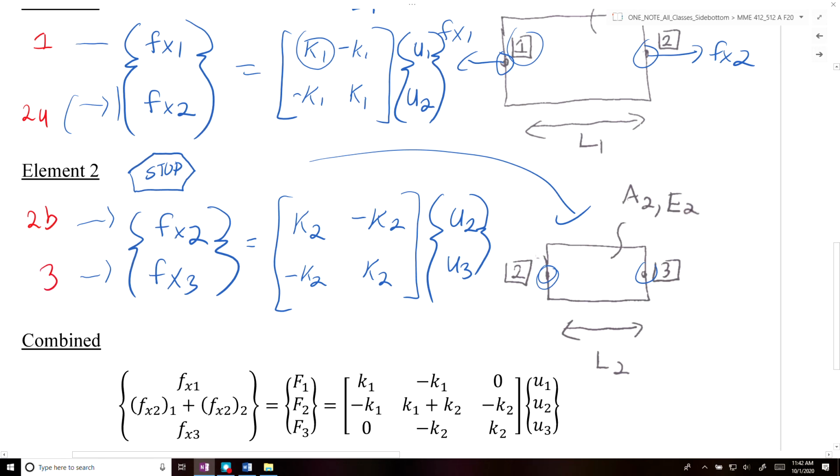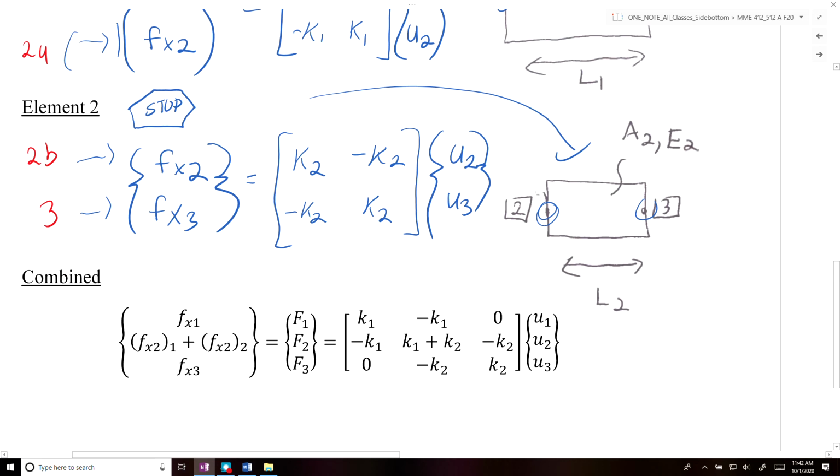So what we can do is combine our matrices for element 1 and element 2 into a single matrix, where we have our first stiffness matrix, which I'll highlight in red. This is for element 1.